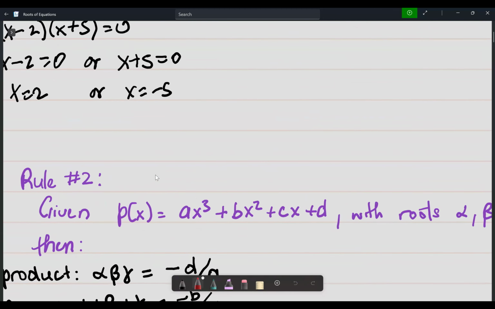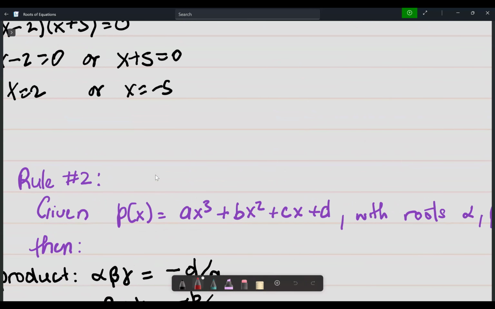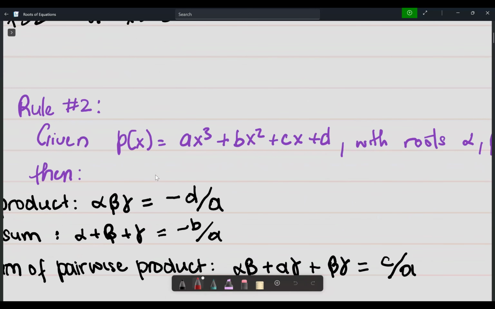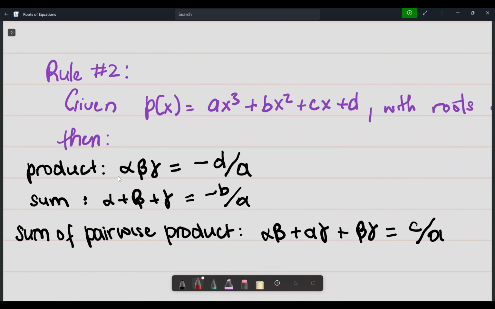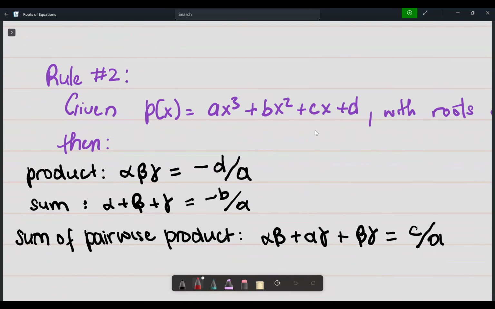Now, we're doing pure math, where we no longer do quadratics for roots. We go all the way up to cubics. For cubics, we're going to have to memorize these things. The product is going to be negative d over a. The sum is going to be negative b over a, right? So be careful not to mess this up.